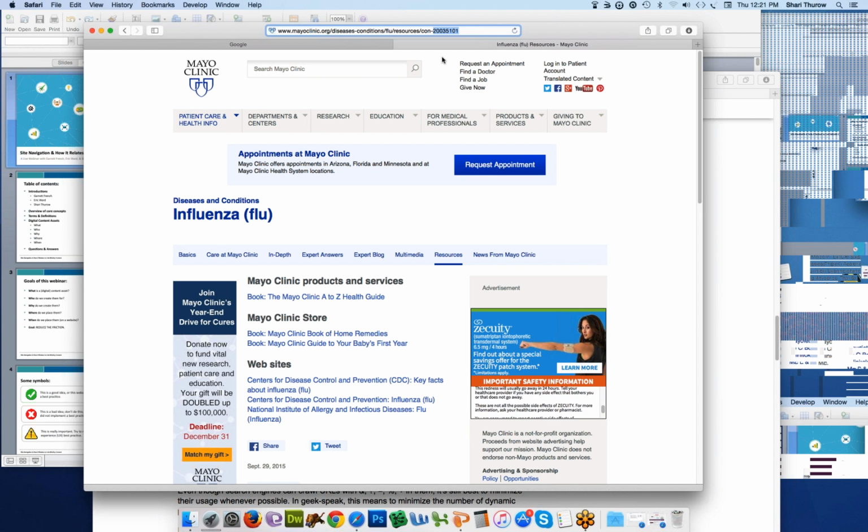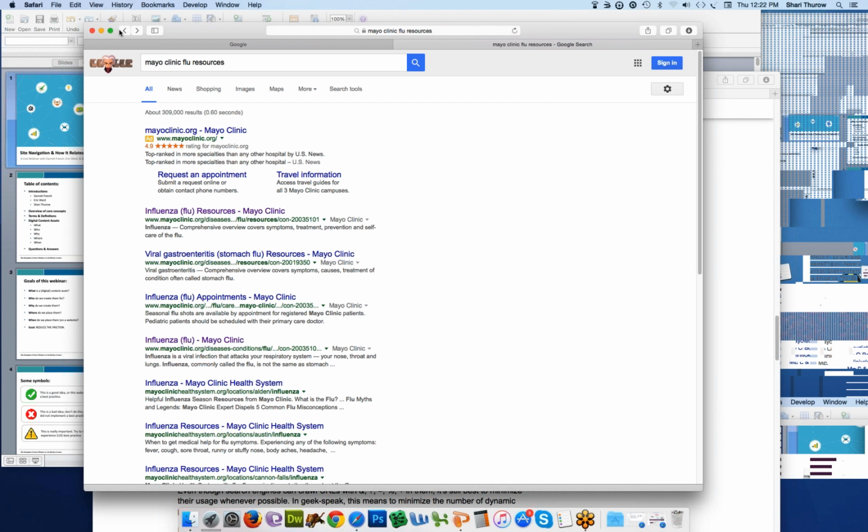So if you have a content management system that has to use the funky characters or the session IDs or the numbers that people don't understand, if you front load your URLs, you will, and also remember, the URL appears in Google search results.